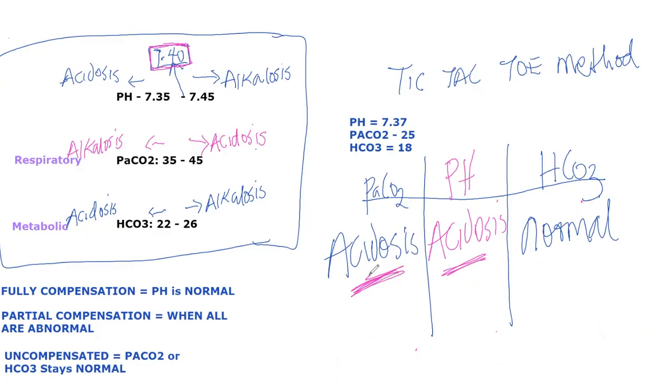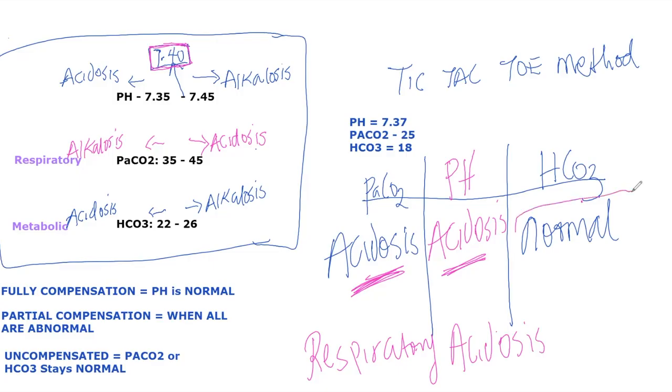Okay, so I have a what? I have a respiratory acidosis. And I have what kind of compensation? Uncompensation. Because again, my HCO3 is the one this time around saying, I don't care. I'm going to stay normal. I'm not going to move. I don't want to compensate for you guys.